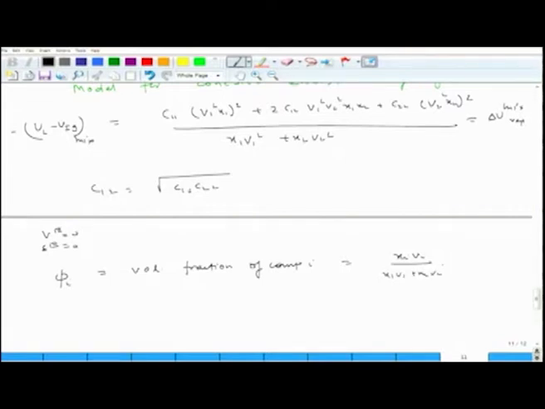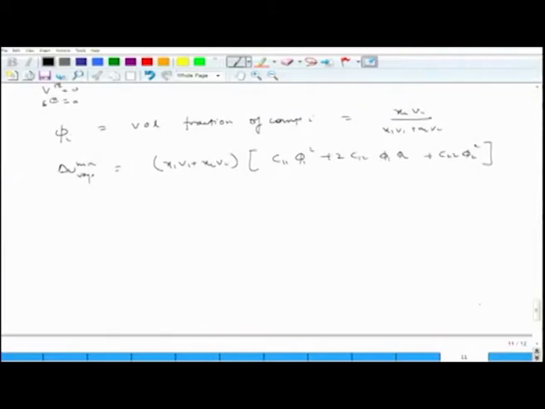Now, with this your delta U mix is x1 v1 plus x2 v2 times C11 phi 1 square plus 2 C12 phi 1 phi 2 plus C22 phi 2 square. So, this is the expression we have.